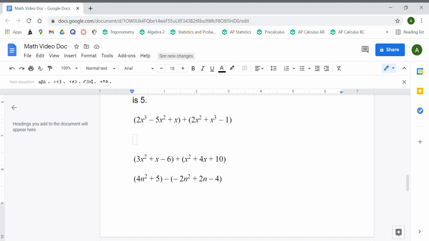The highest degree that we can find is what we write first, and the highest degree we can find is 3. So it's going to be x cubed. There are a couple x squareds, so I'm going to put in plus x squared. Now I might have to change those signs, guys.